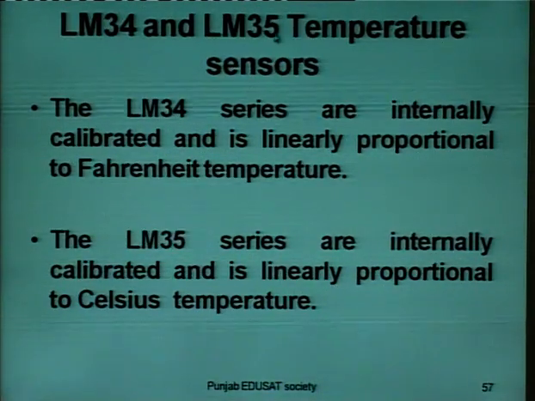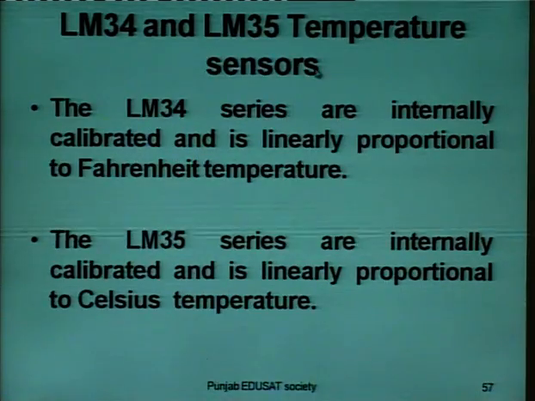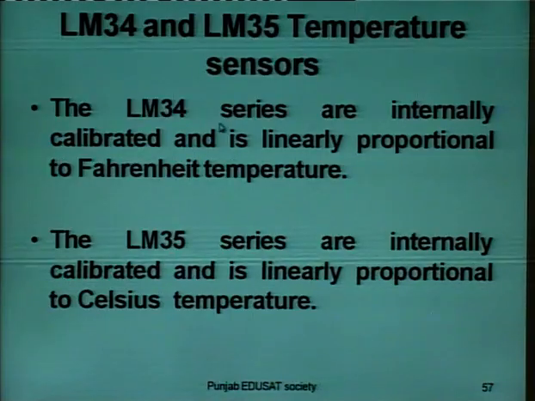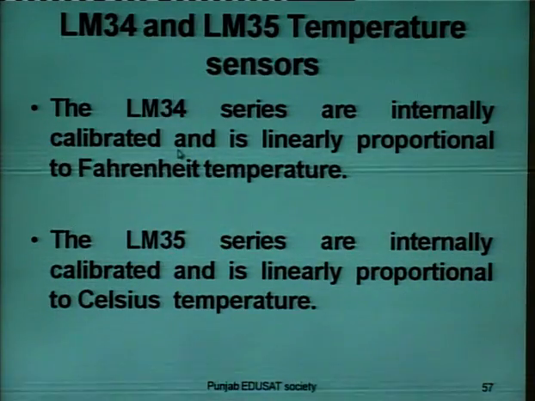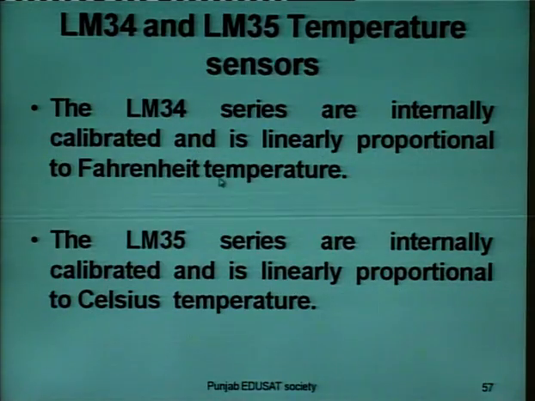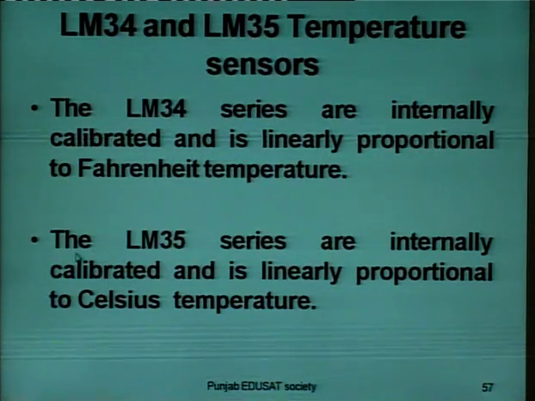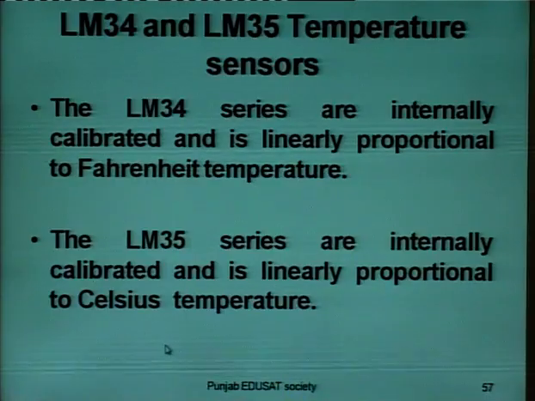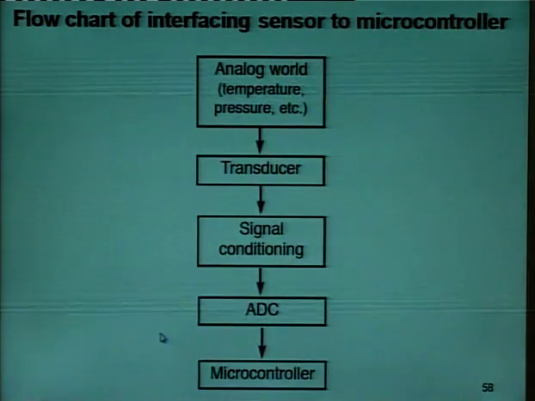LM34 and LM35 temperature sensors are used. The LM34 series are internally calibrated and linearly proportional to the Fahrenheit scale, and the LM35 series are internally calibrated and linearly proportional to Celsius temperature.